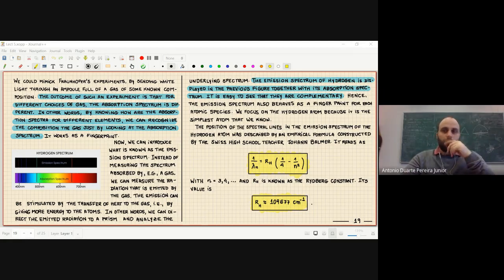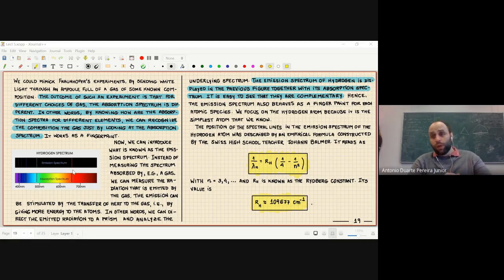And then I told you that this is in fact a property that you can see if you pass light through some glass tube filled with some sort of gas. And in particular, I was showing you what happens if you use a gas made of hydrogen atoms. And I told you that for the hydrogen atom, which is the simplest atom we can think of, we'll see these dark lines in the absorption spectrum of hydrogen.